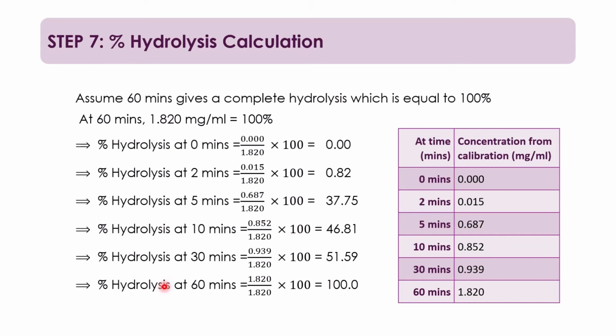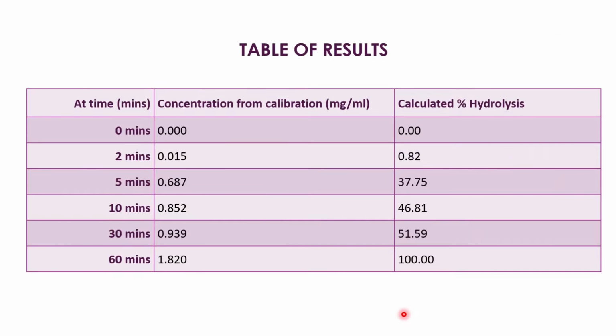And the percentage hydrolysis at 60 minutes will obviously be 100, because we are assuming that at 60 minutes there is a complete hydrolysis, which is equal to 100%. So this is a table of results showing the various times with their respective glucose concentrations from the calibration curve and the calculated percentage hydrolysis.